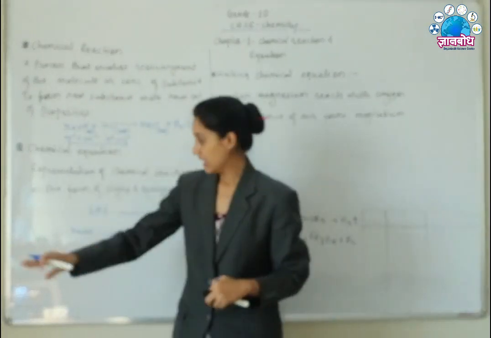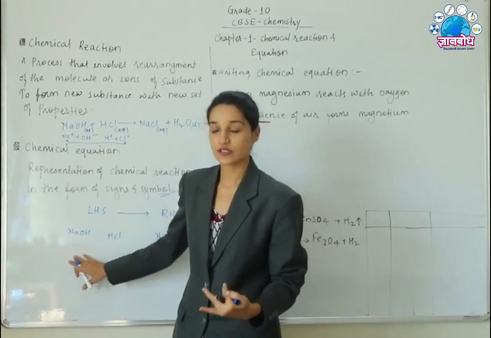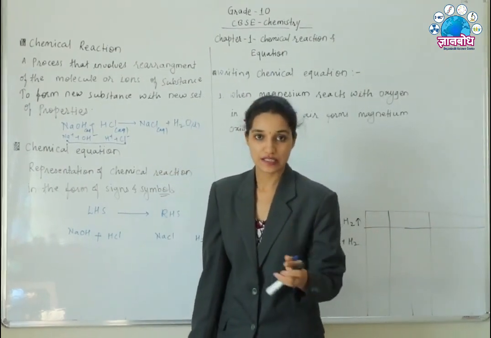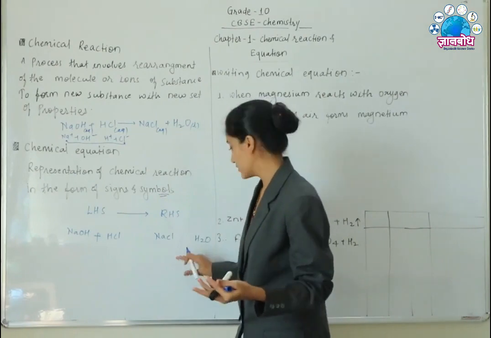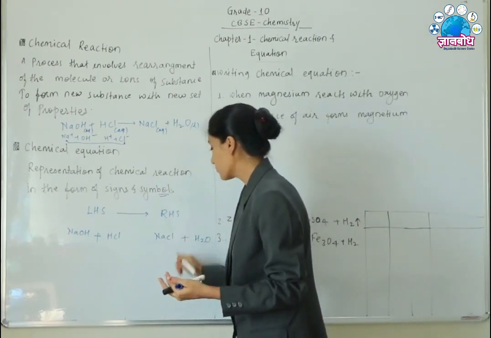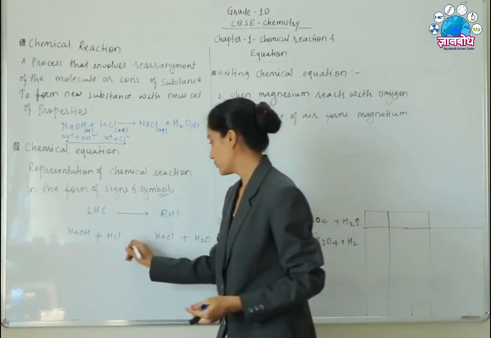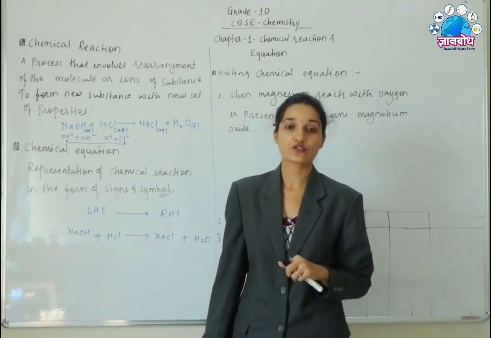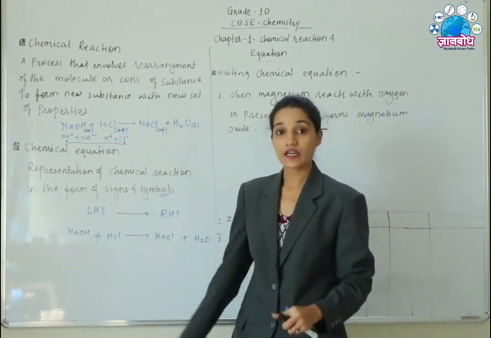In LHS we have more than one substance reacting with each other, so we show it with a plus sign. In RHS also we are getting more than one substance, therefore we add a plus sign here, and again to separate both sides we use an arrow. Still this equation is not complete.